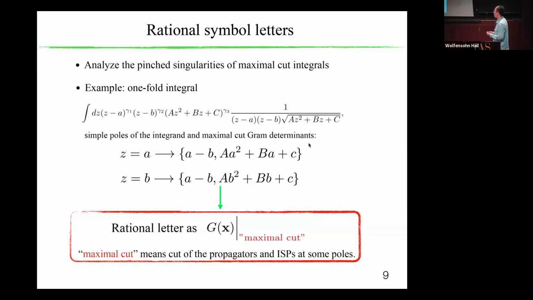One is a minus 1, and the other one is this quadratic polynomial. But the thing is, they can all be rewritten as some Gram determinant localized on some poles. And with this, we can see we'll get some pinched poles. So it is really related to the Landau analysis. Okay, with this relation, we can get all of the rational letters, or candidates of rational letters.